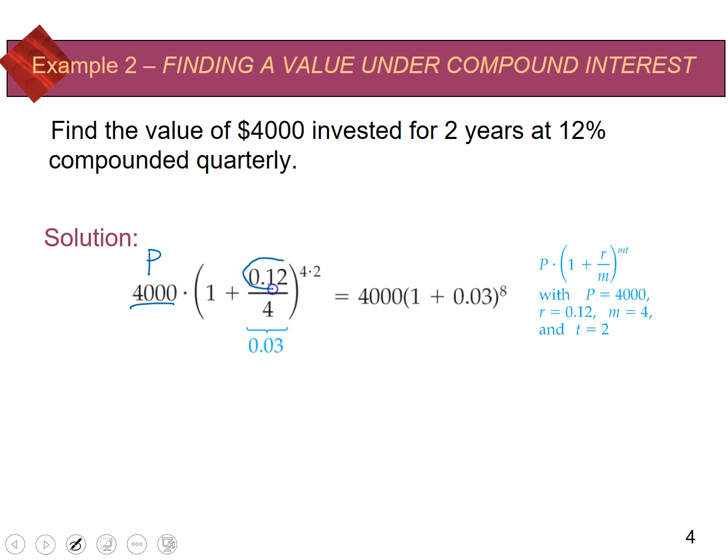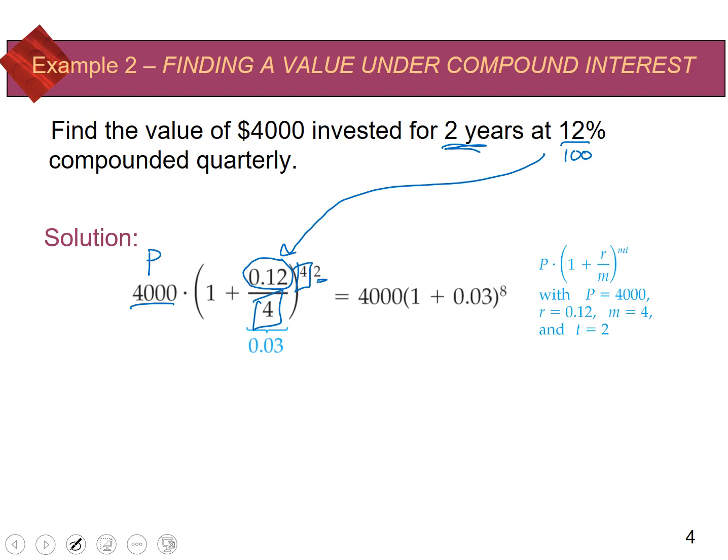Now notice they're writing it as a decimal, so make sure you realize that we're basically looking at this as 12 over 100 for the percentage, and that's what goes here. This is the number of times we compound it in a year, or compounding periods in a year. So that's what M is. That's what 4 is, and of course the time is 2 years.